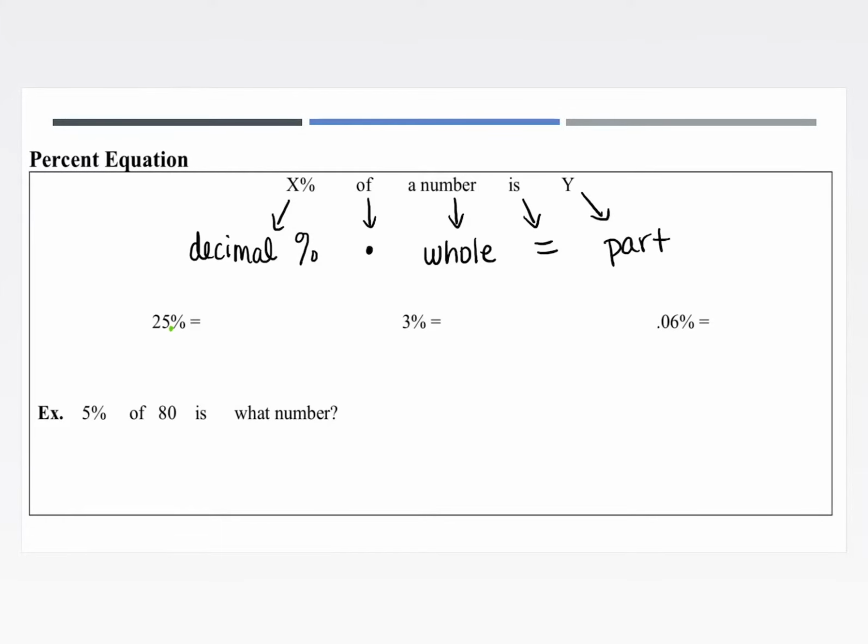Now, in order to convert this percent to a plain old decimal, we need to move it to the left 2 times. So as a decimal, this turns to 0.25 or 25 hundredths. I'm going to say it both ways just to reinforce the vocabulary that we use in algebra, because this can really help students see the connection between percentages and decimals.